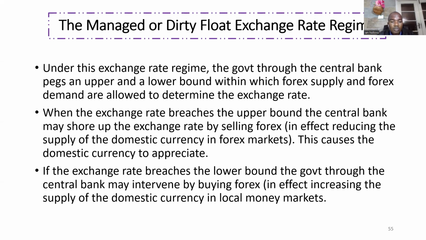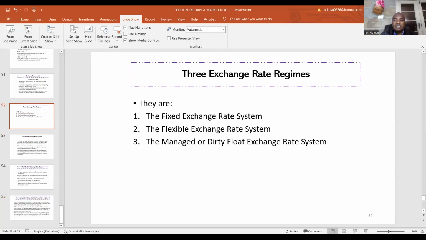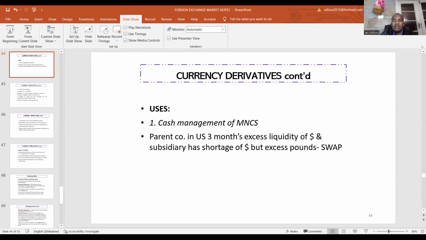And this would cause the domestic currency to depreciate, thereby making the situation in foreign exchange markets more favorable to exporters, to drive exports, and thus benefit the domestic economy in terms of the capacity to earn Forex. So we are done with this brief overview of foreign exchange market dynamics.